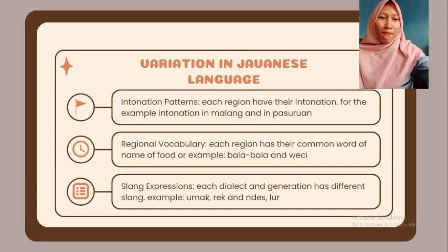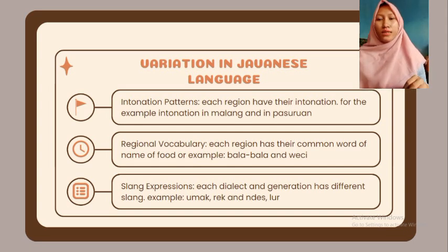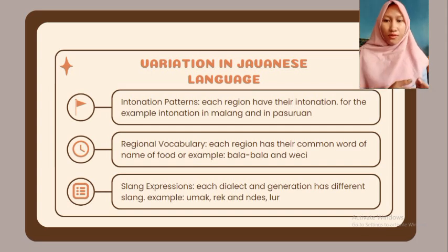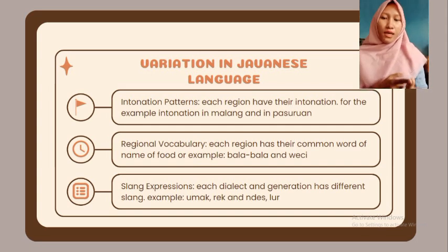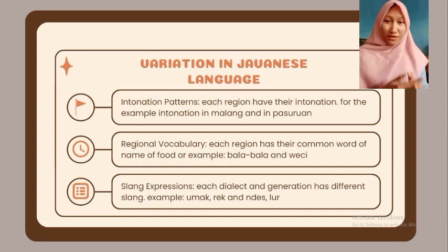The next example is regional vocabulary. There are some regions in Java, East Java, Yogyakarta and Middle Java, that are all Javanese, right? There are different regions in Java that make them have a unique word or phrase that is not commonly used in another part of Java.